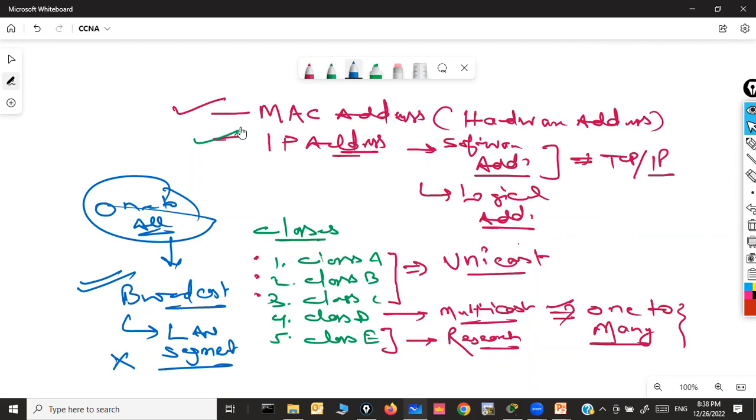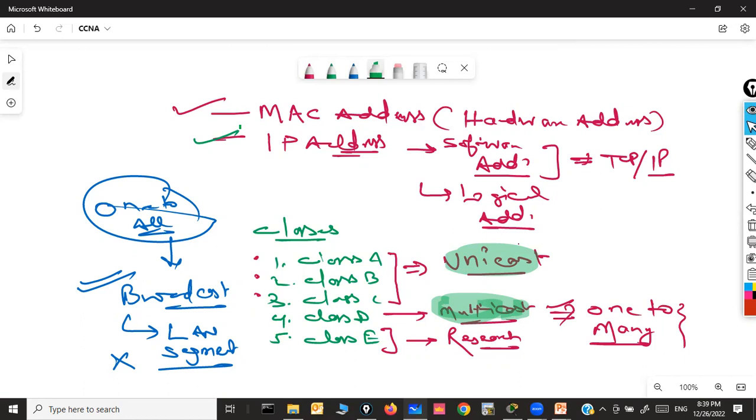So from a routing perspective, we always talk about unicast routing or multicast routing, and we'll understand what routing is in upcoming classes. Broadcast is one to all and limited to a LAN segment, local area network only.